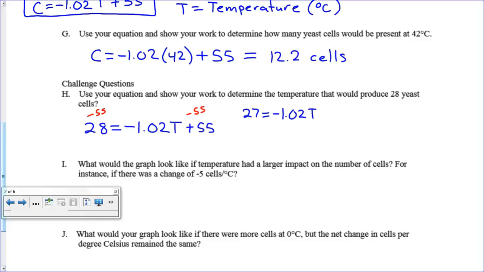So that will cancel. Sorry, this should have been a negative 27 up here, but yeah, dividing both sides by negative 1.02, I get 26.5 degrees Celsius equals my temperature.